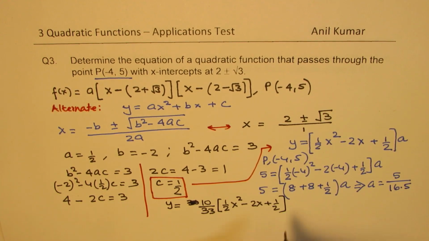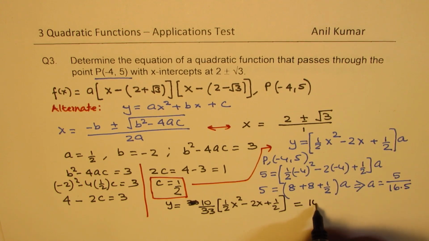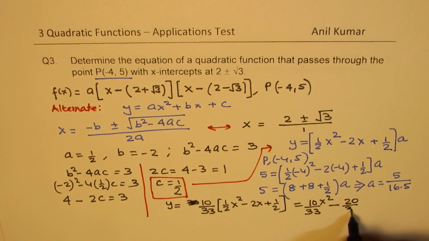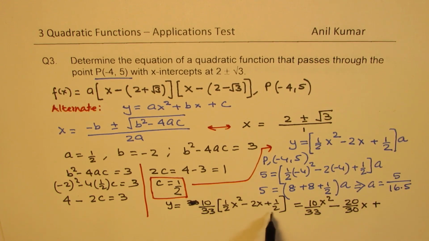So that is how we get our equation. And when you open this bracket, you can write down the answer, which is 10x squared over 33 minus 20 over 33 x plus 5 over 33, since half of 10 over 33 is 5 over 33.